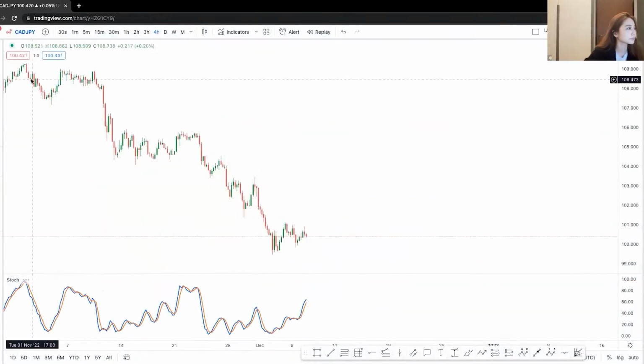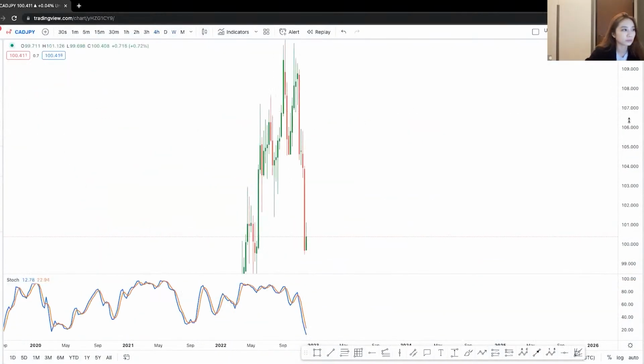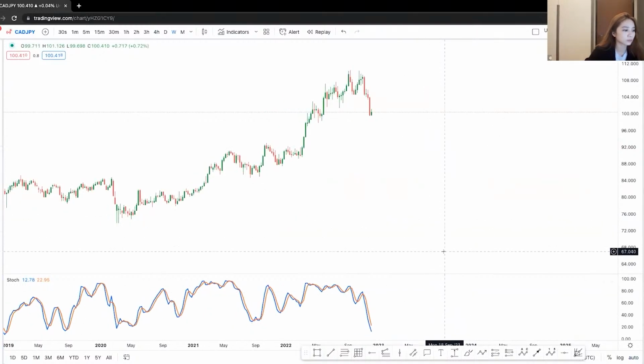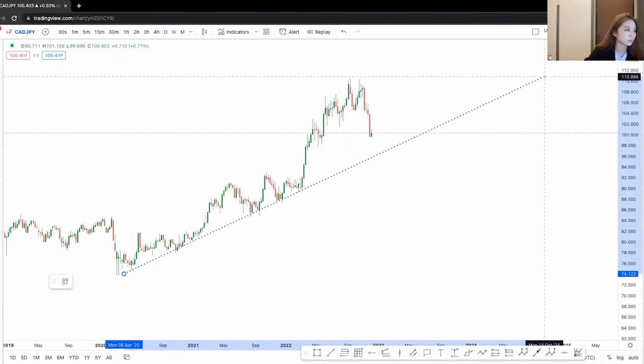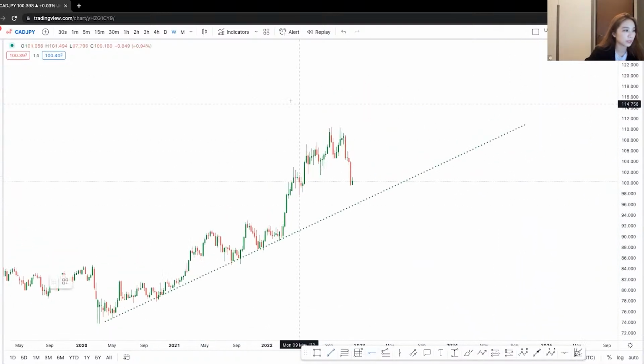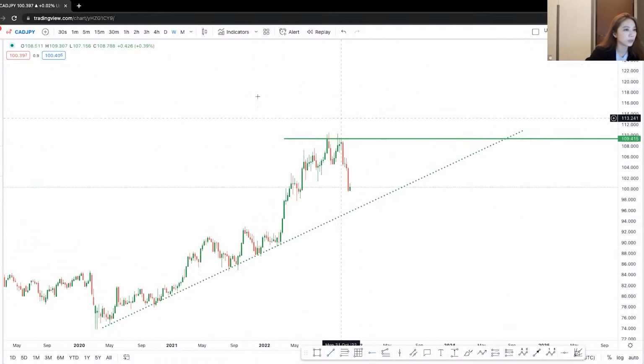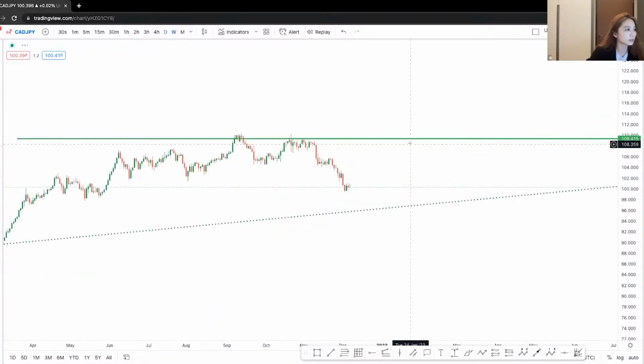Let's look at yen. Upward moving as well, with resistance here as well. Let's look at daily.